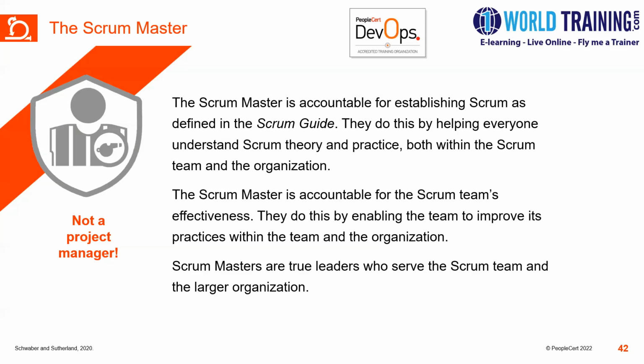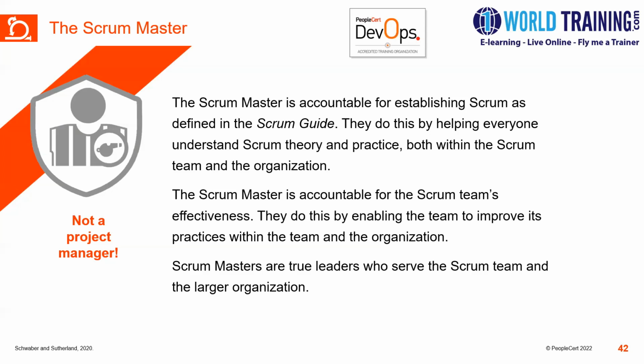The Scrum Master is fundamentally accountable for the Scrum team's effectiveness. Scrum Masters do this by enabling the team to improve its practices within the team and across the organization. So in a team, when you have a Scrum Master, they will be responsible for improving the overall Scrum practices within the team and within the organization as well.